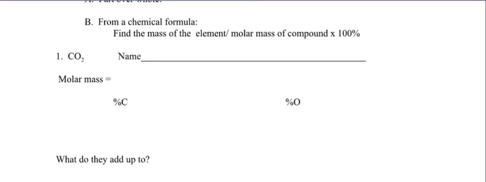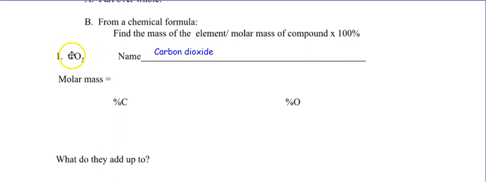So let's start off with CO2. Will you go ahead and name that for me? All right, well, what'd you get? I got carbon dioxide. How about you? All right, so I kind of started off on an easy one. Now we need to find the molar mass of CO2. Well, how did we do that in a few sections before? I had to figure out how many carbons I have.